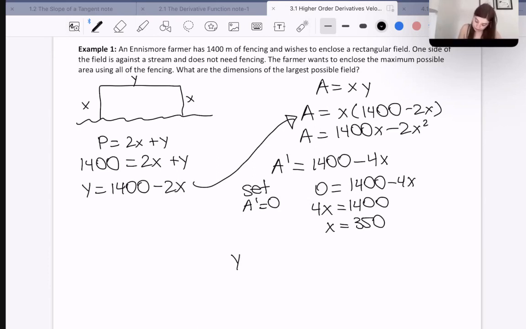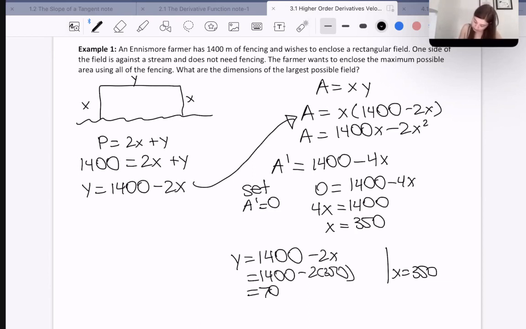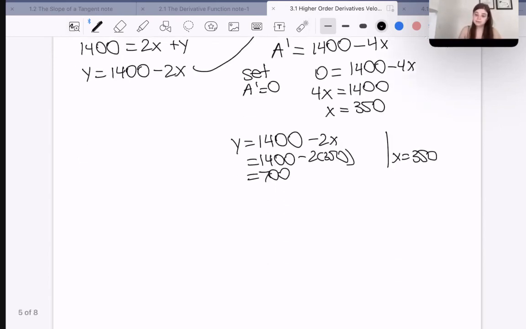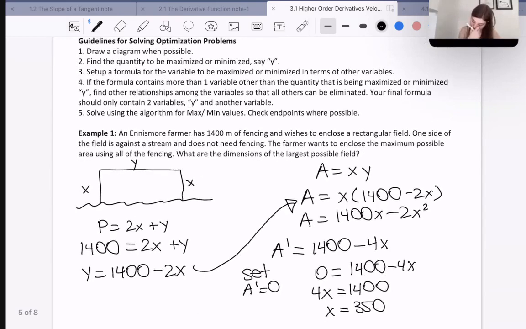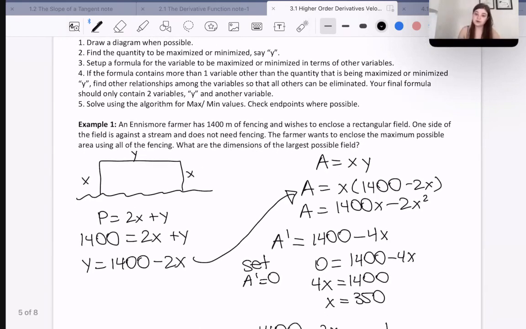All right, so if x is equal to 350, what is y? Well, earlier we said y is equal to 1400 minus 2x, and now we know that x is equal to 350. So that means it's 1400 minus 2 times 350, which is 1400 minus 700, which is 700. So therefore, let's see, what did the question ask? It asked, what are the dimensions of the largest possible field?